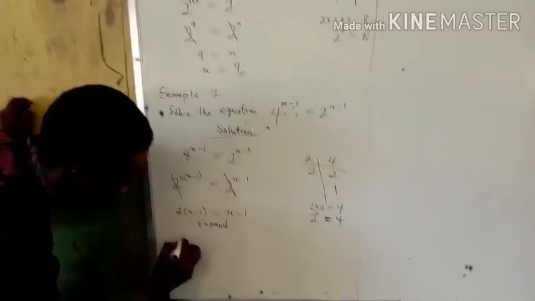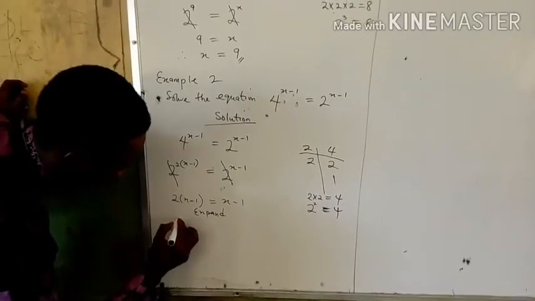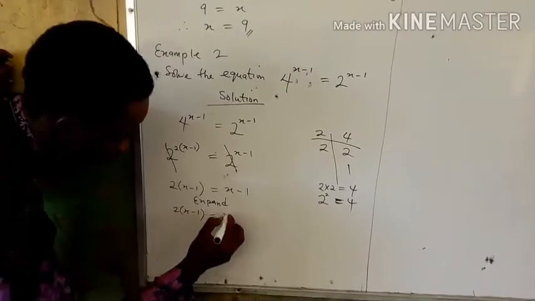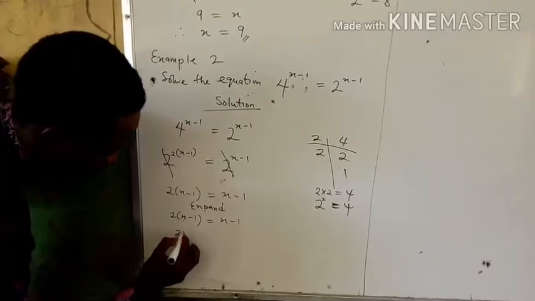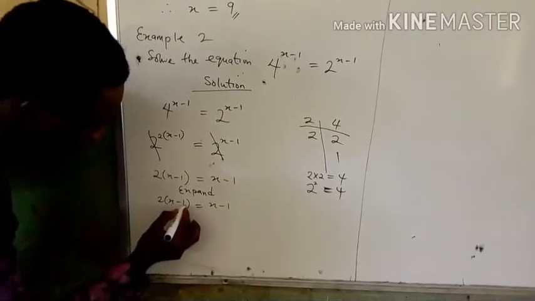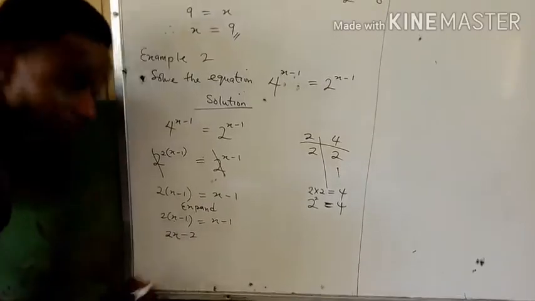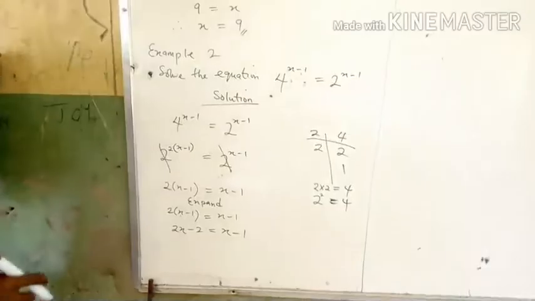Let me write this statement: 2 open bracket x minus 1 equals x minus 1. 2 times x, we have 2x. 2 times minus 1, we have minus 2, equal to x minus 1.